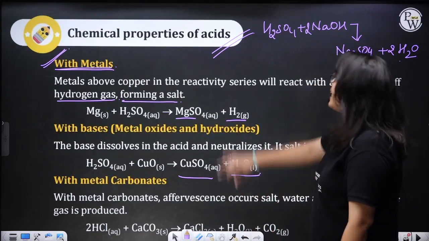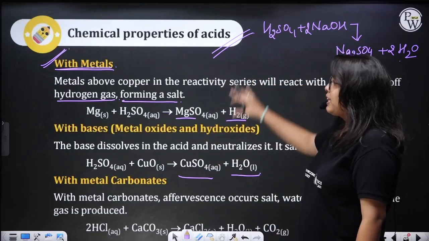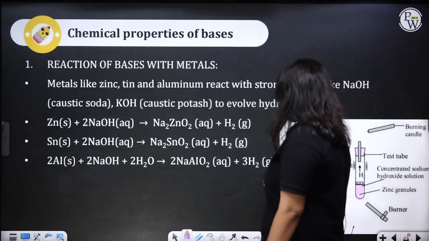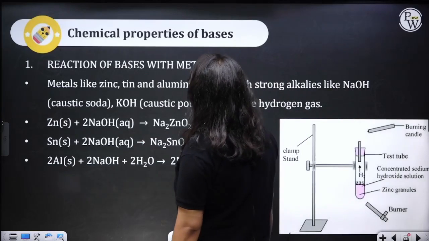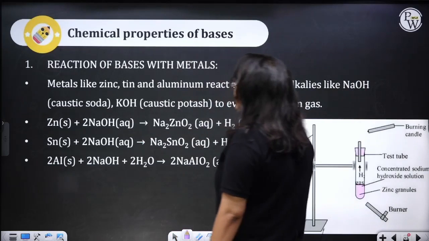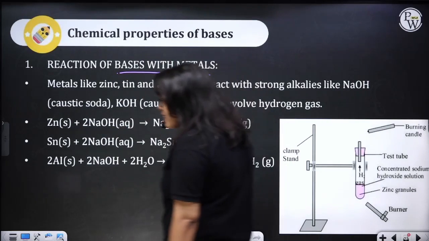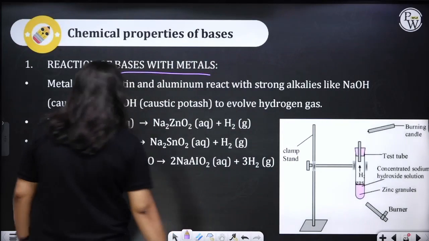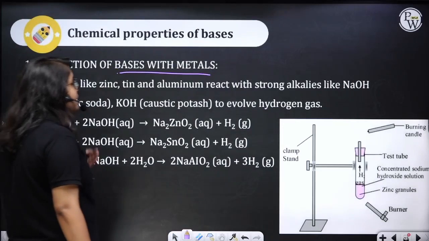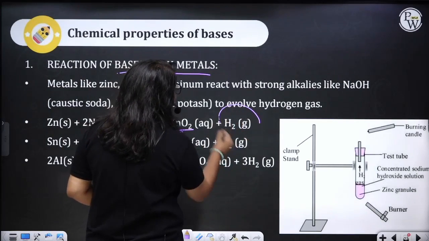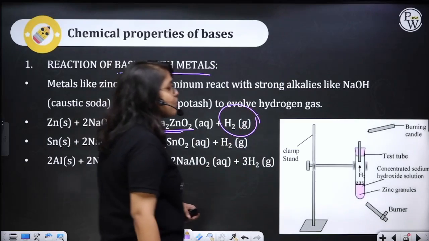Alright, so this is about the chemical properties of acids. Let's now talk about the chemical properties of bases. Reaction of bases with metals. When metals react with bases, even in that case, what we get is a salt along with the liberation of hydrogen gas.